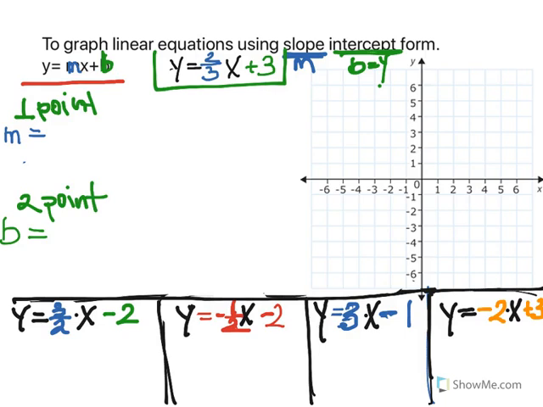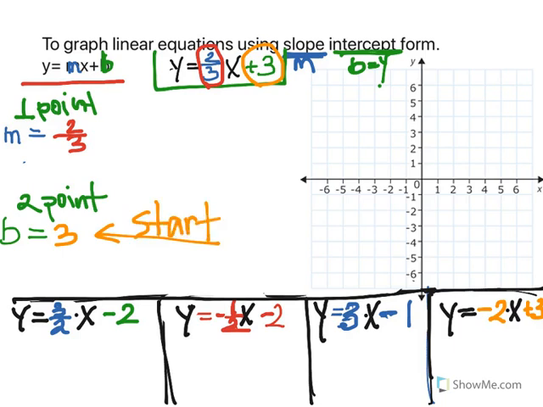Now, here is the concept of a slope. So let's go ahead and look at my equation. My slope is 2 over 3, right? What is my y? It is positive 3. So let's go ahead and graph it. Now, if you remember, you always start with the y-intercept.